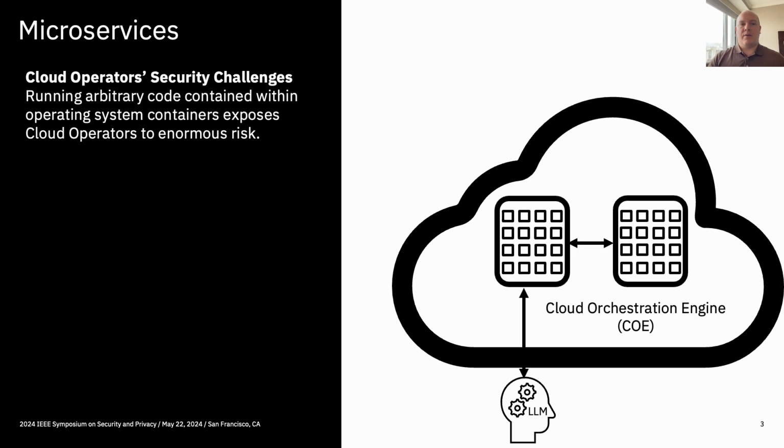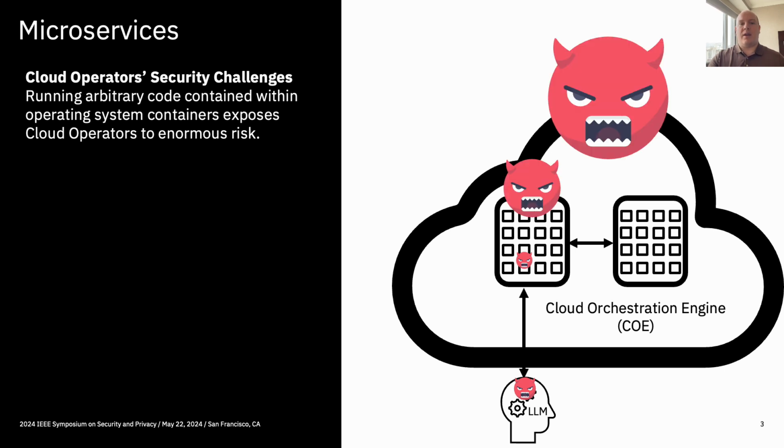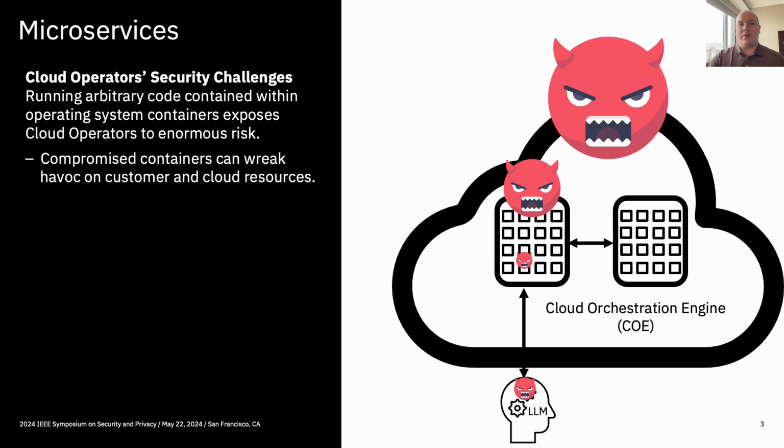Now, cloud operators face unique security challenges in running microservices on behalf of their customers, for the simple fact that running arbitrary code contained within operating system containers exposes cloud operators to enormous risk. If an adversary were to compromise, say, an end host on the computing edge, they could easily jump into a microservice container and leap out to the kernel running on a computing node, and then negatively impact the entire computing cloud.